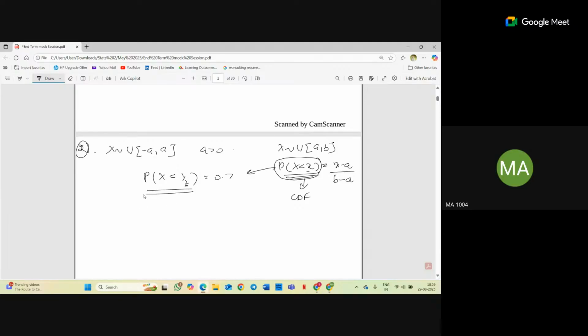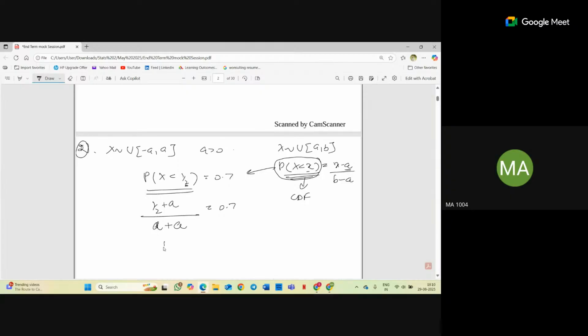The lower limit is minus A, so minus minus A is positive A, divided by B minus A, which is A minus minus A, that is plus A, correct?